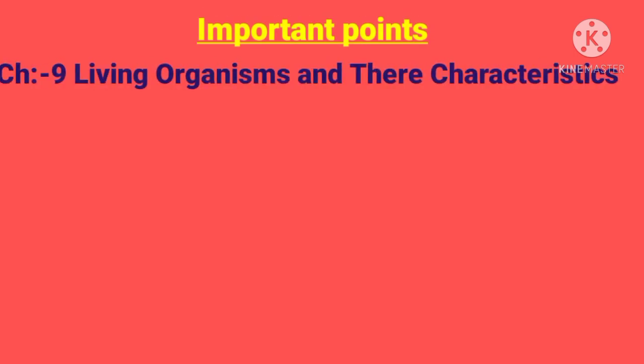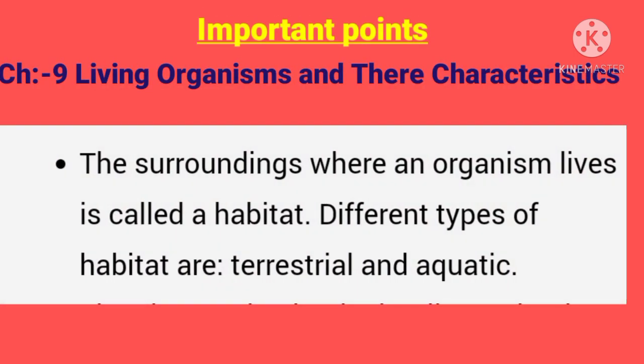So now let's discuss some important points of chapter number 9, living organisms and their characteristics. The first point is the surroundings where an organism lives is called a habitat. Different types of habitat are terrestrial and aquatic. So basically there are two types of habitat.